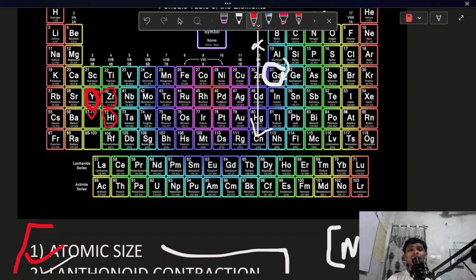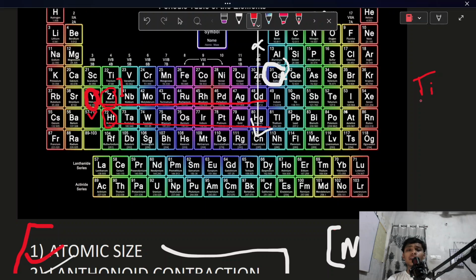And the second thing is that the size of the 4d series, meaning this series, is almost similar to the size of this series. This is also something you can remember. And when we are talking about titanium and zirconium, since there is no shielding by f electrons, or f subshells, right, or you can say the electrons present in f, there is no shielding effect, so we will be following the regular trend.